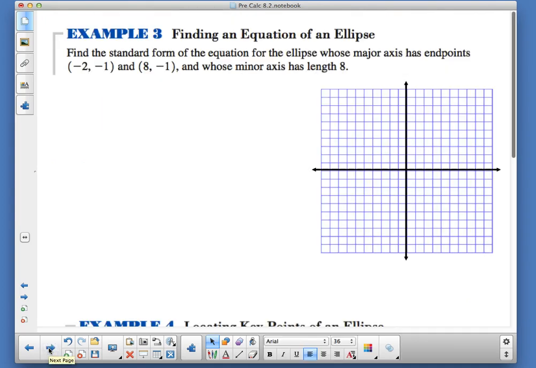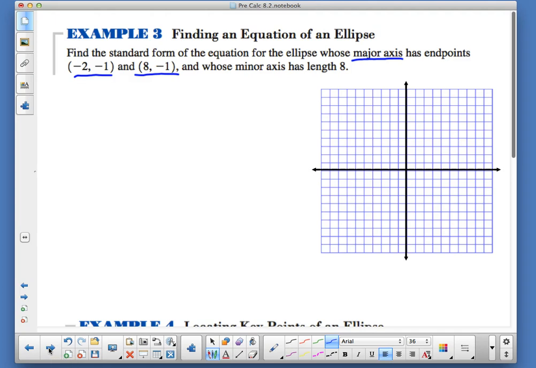So, on this, remember, there are properties that we just learned. Find the standard form of the equation for the ellipse whose major axis has endpoints (-2, -1) and (8, -1). Well, if that's the endpoints of the major axis, half that distance is my semi-major value, my A. There's a couple ways to do it, but since I have a graph, I'm just going to count.